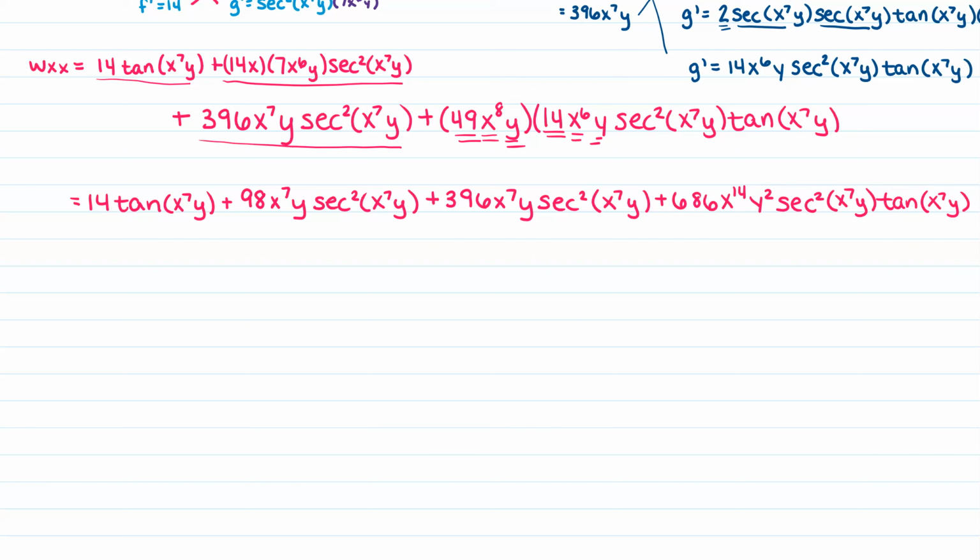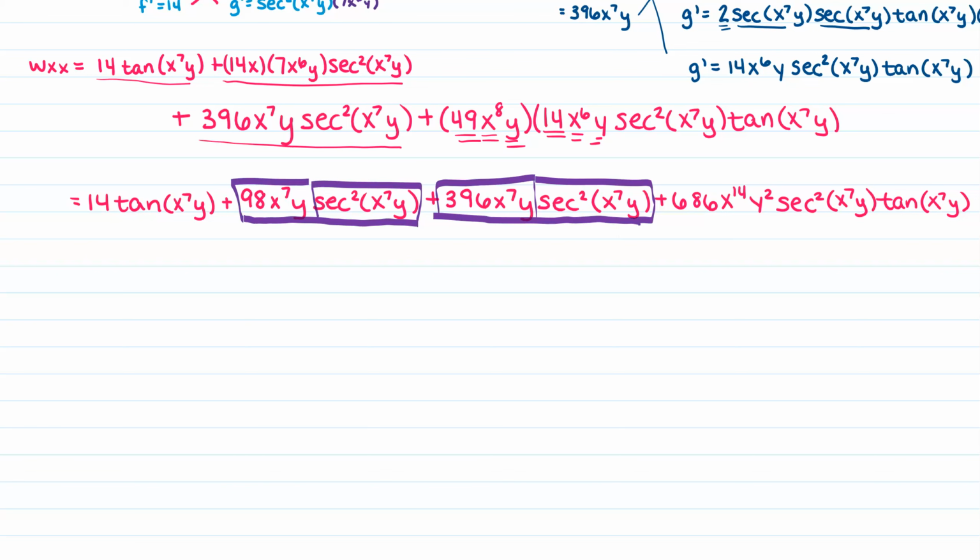Now the only two things that we can combine are these middle terms here, because they both have secant squared of the same thing, and they both have coefficients that we could actually put together, right? Like we can actually add 98 x to the 7th y plus 396 x to the 7th y.